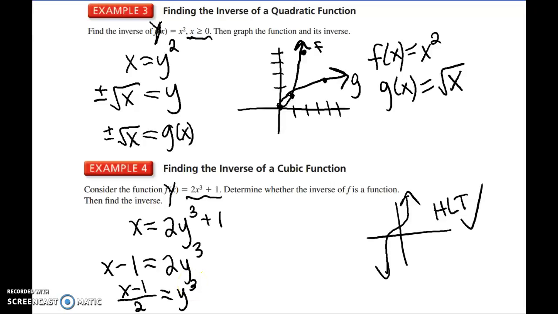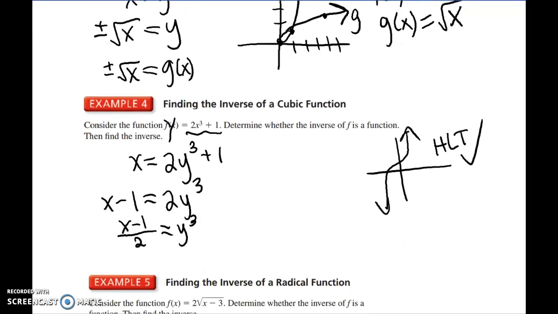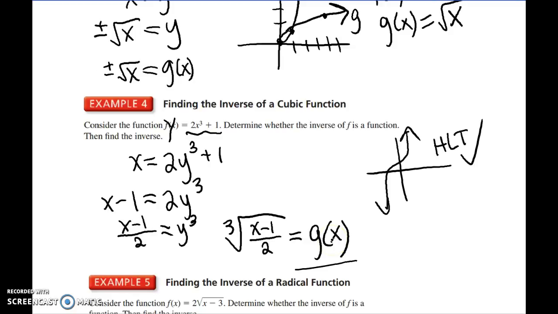And the last step will just be to take the cube root of both sides. So we'll have the cube root of x minus 1 all over 2 is going to equal my inverse. We'll call it g of x, inverse function. And then we're done.